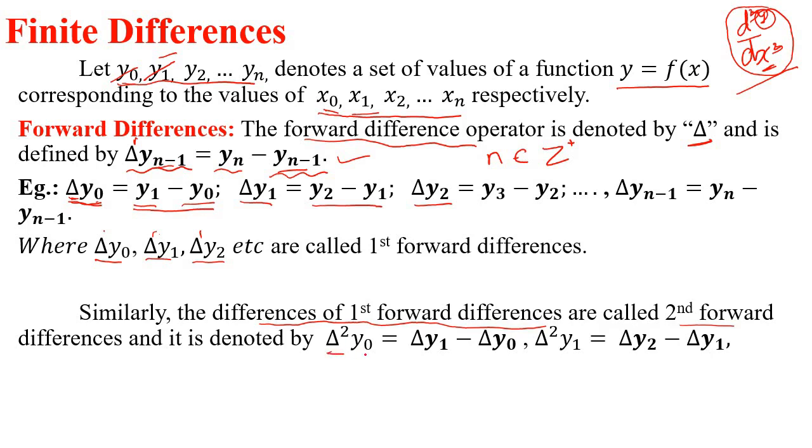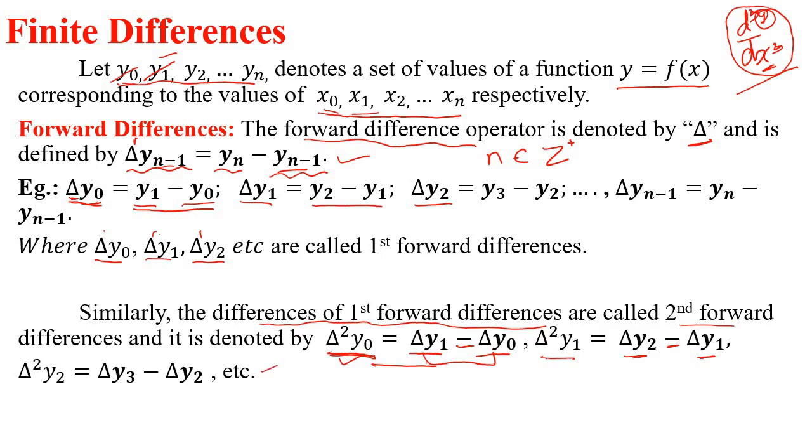Observe the second order forward difference of y0: this gives delta y1 minus delta y0. These two are first order forward differences. The difference of the first order gives the second order. Similarly, the difference of the first order forward differences gives the second order. Okay, and I gave one more example.